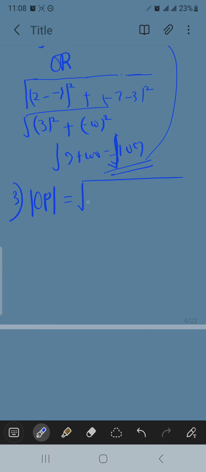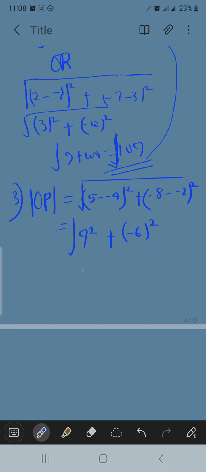Let me just pick this to be 5 minus minus 4 all squared plus minus 8 minus minus 2 all squared. So this one will now be the square root of, minus becomes plus, 5 plus 4 will be 9 squared, plus, this one will be minus 8 plus 2, which is minus 6, all squared.